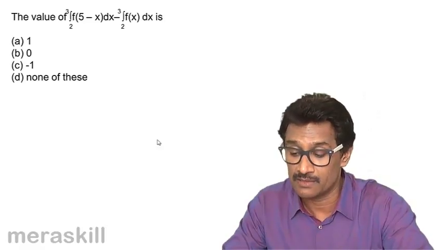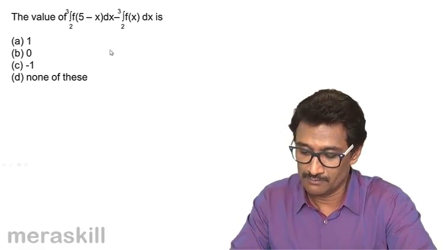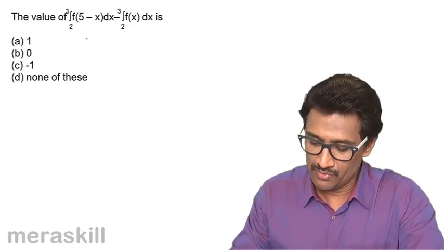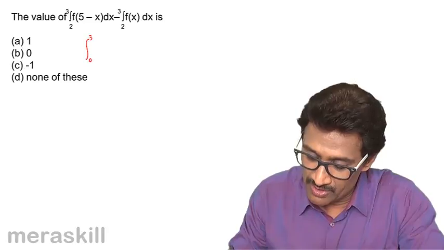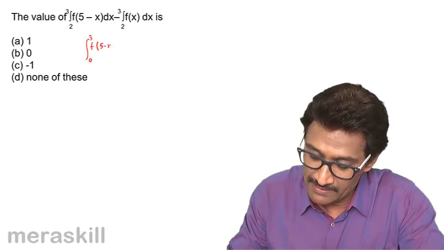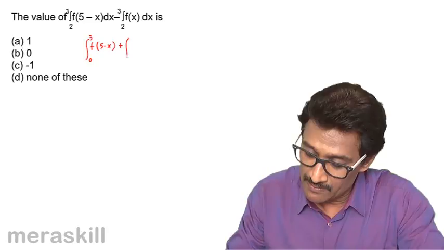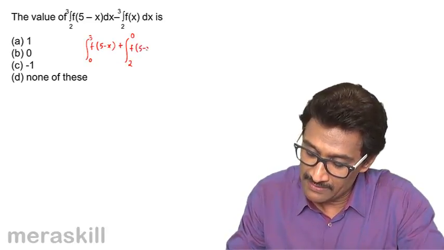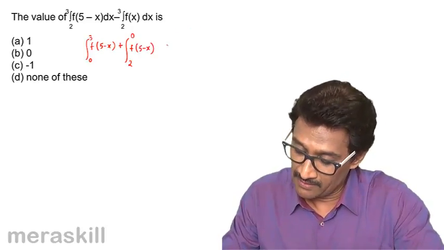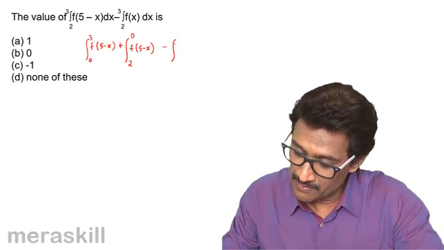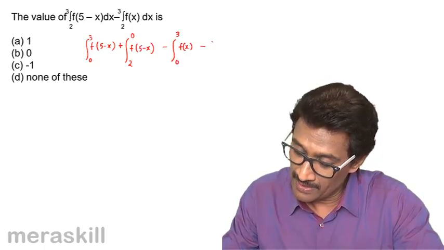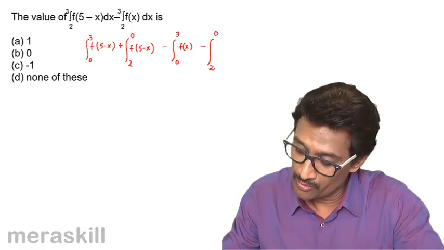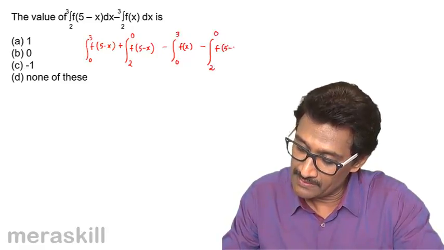It's basically concerned with converting this into, the value of this is going to be, now this can be written as integral 3 to 0 of f of phi minus x plus integral 0 to 2 of f of phi minus x, then minus integral 3 to 0 of f of x minus integral 0 to 2 of f of phi minus x.